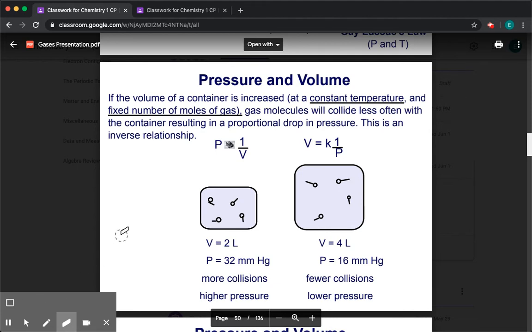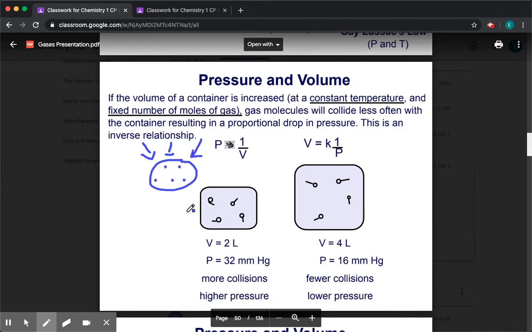But if you had a container like a balloon, so pretend we have a balloon, balloons can expand or they can shrink. So if you had a balloon and if you increased the pressure outside of the balloon, not inside the balloon, the volume is going to go down.